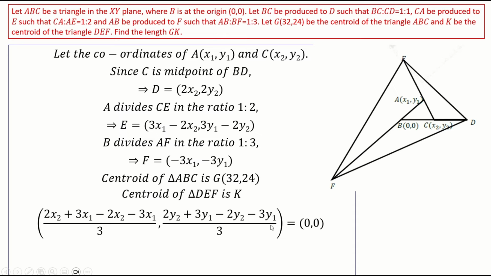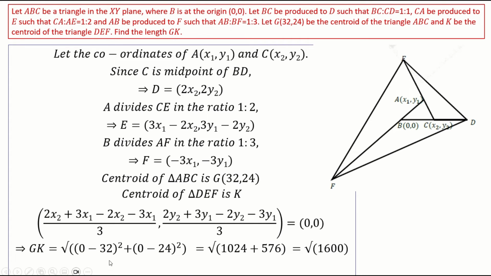This is 0, this is 0. So K is nothing but 0, 0. K coordinates are 0, 0 and G is already given as 32, 24. So the length between point G and point K is very simple. Square root of 32 square plus 24 square, which is the square root of 1600, that is 40. The length of GK is 40 units.